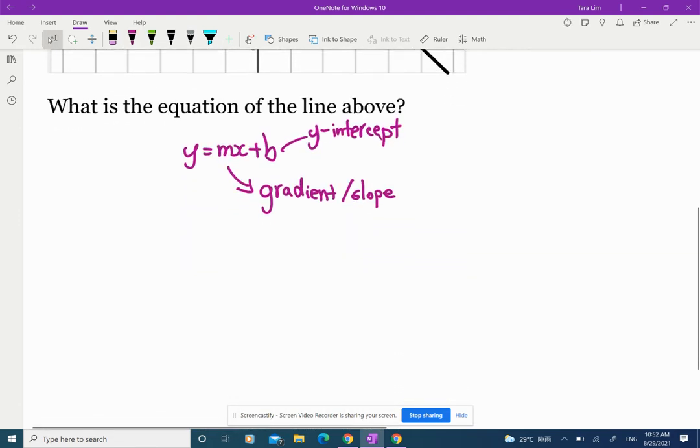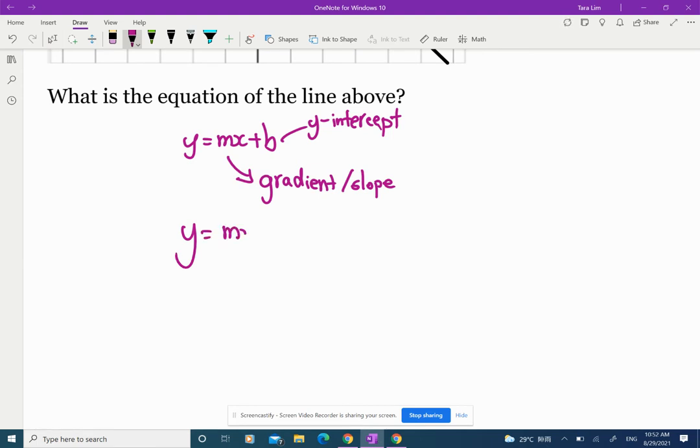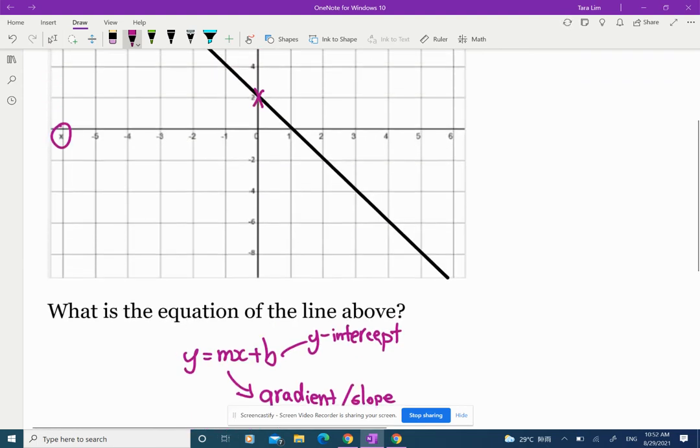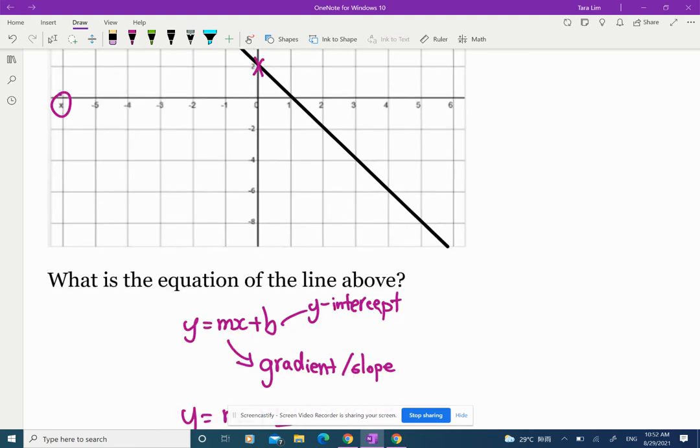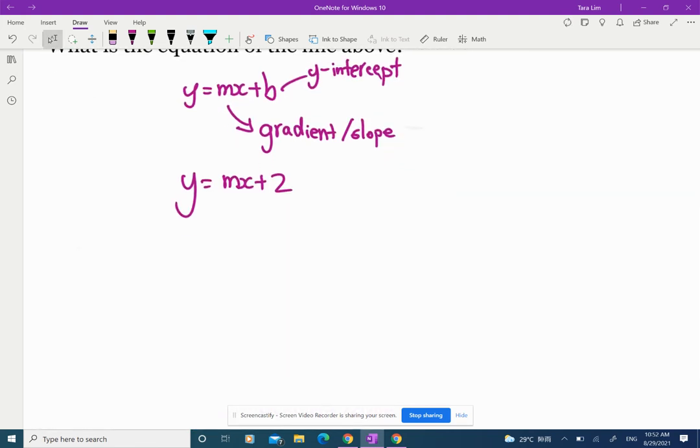So the y-intercept is 2. So y equals mx plus 2. Now be careful. It is 2. But if, for example, a line crosses at negative 4, then the y-intercept will be negative 4, not positive 4. So you gotta be careful with that.